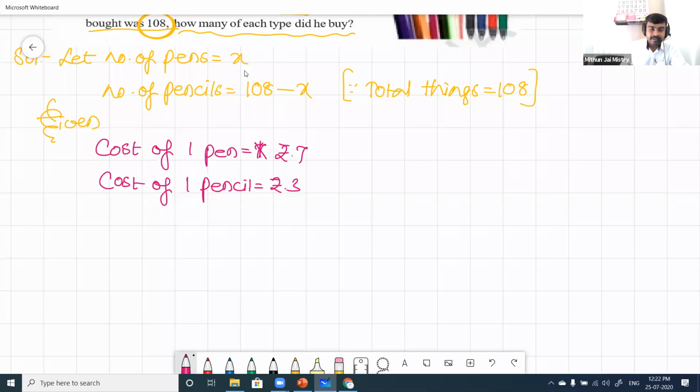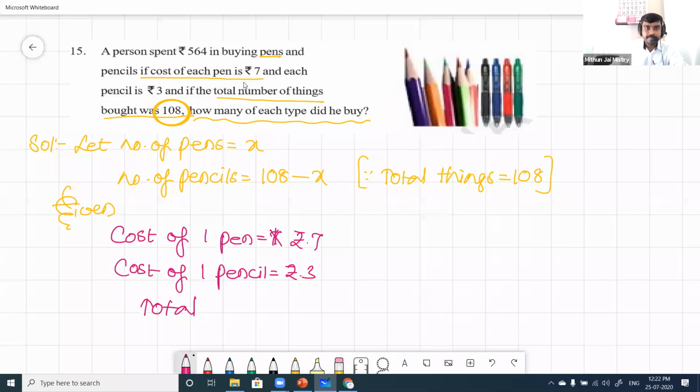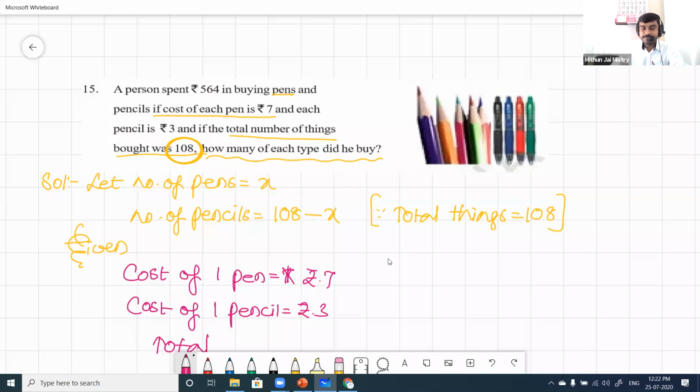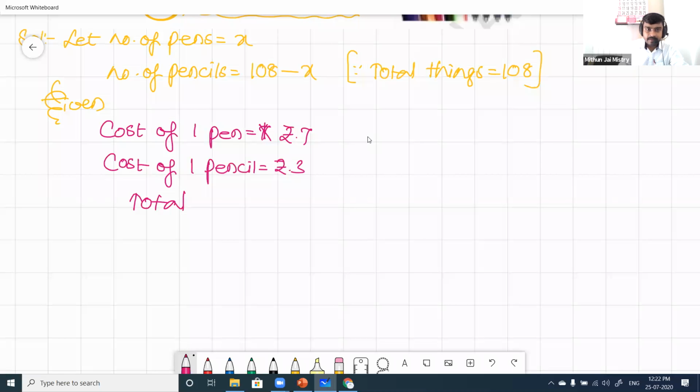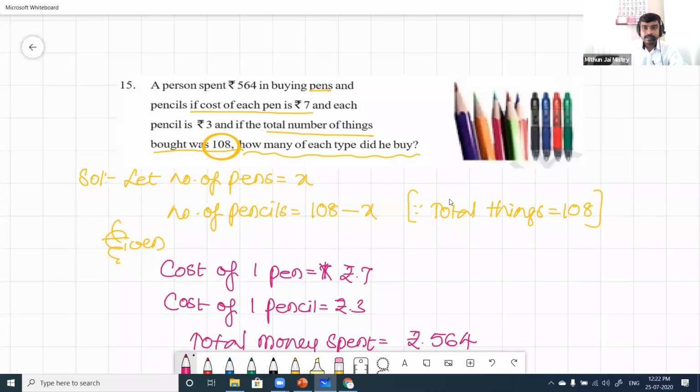So here we will again write the total money which has been spent. A person spent 564. So totally that person has given rupees 564 to buy all the pens and all the pencils.